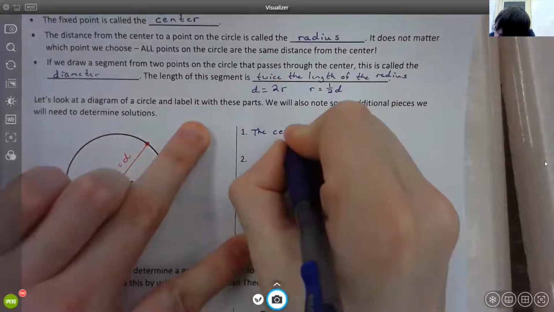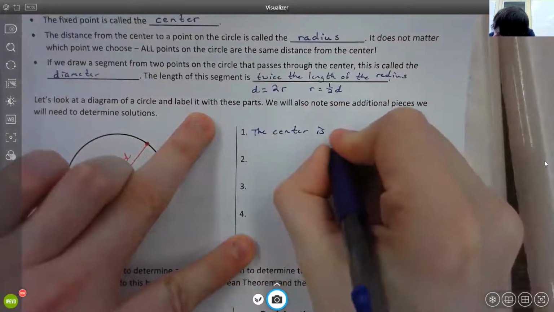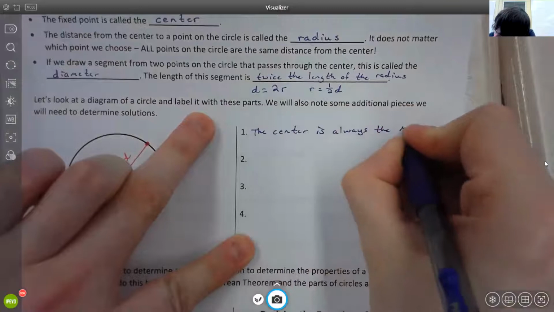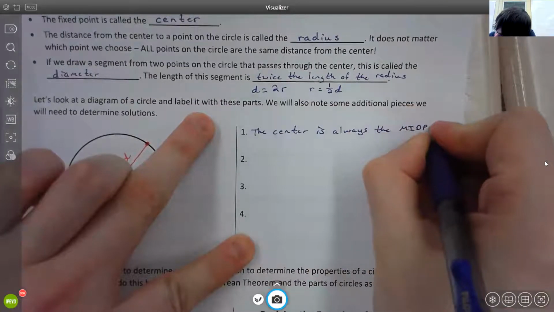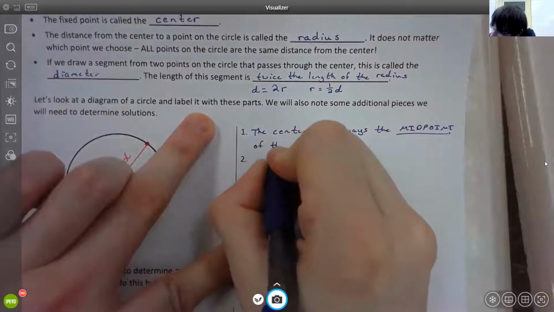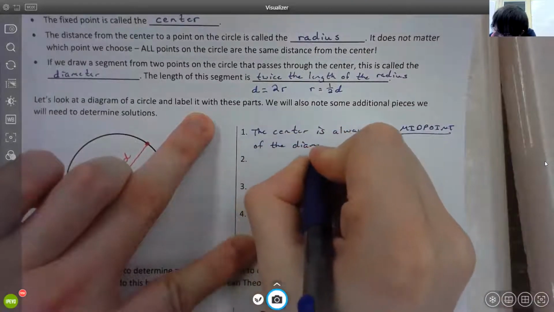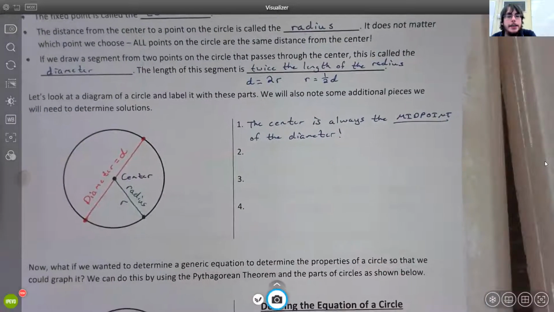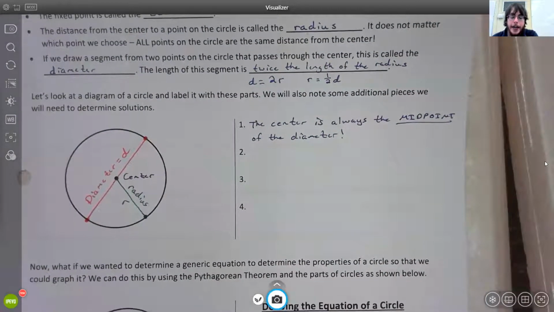The center is always the midpoint of the diameter. So the center is always the midpoint of the diameter.